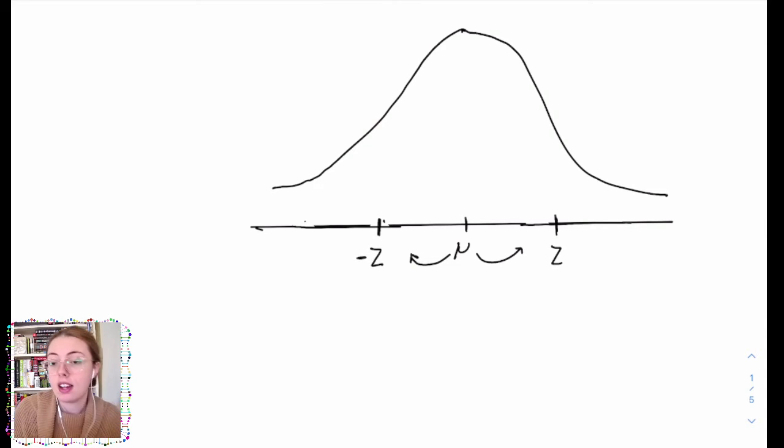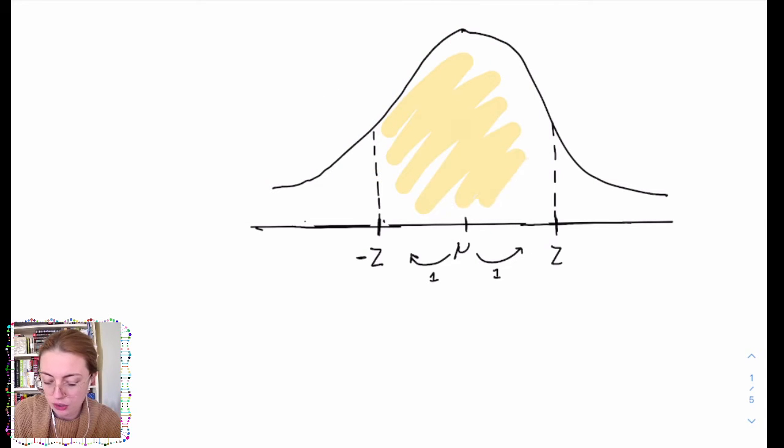The one on the left is technically going to be negative because we've gone a number of standard deviations below the mean. And those z's, by the way, are going to be the same because both of these differences are just 1. What that's going to allow us to do is calculate this area, which is what we want. So this is the probability for our mean plus or minus 1.